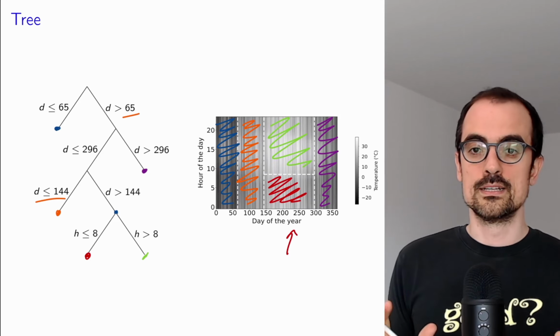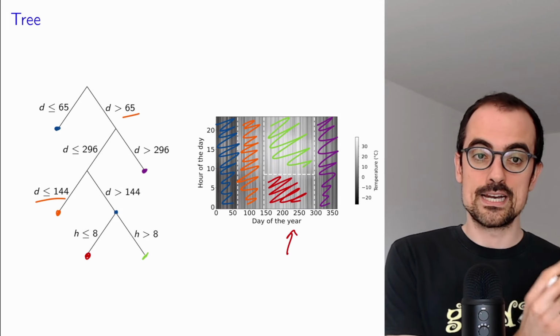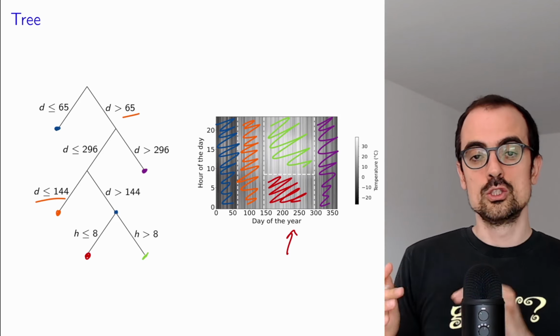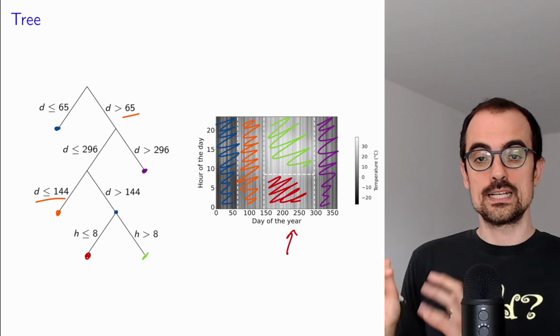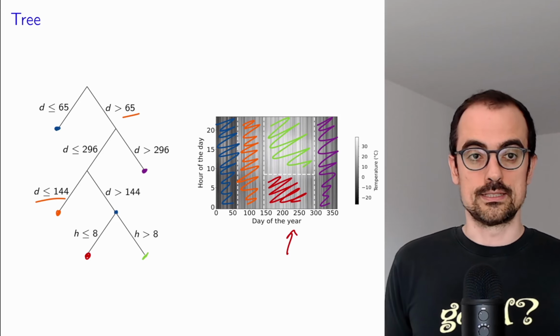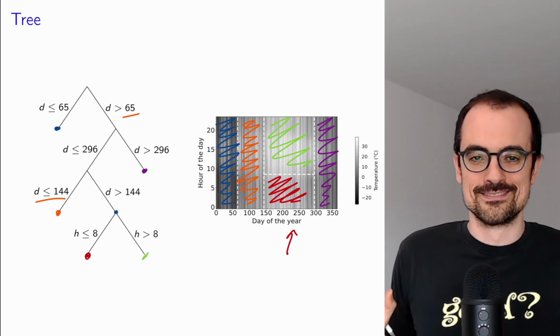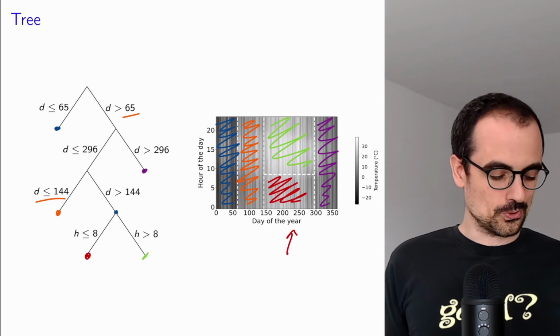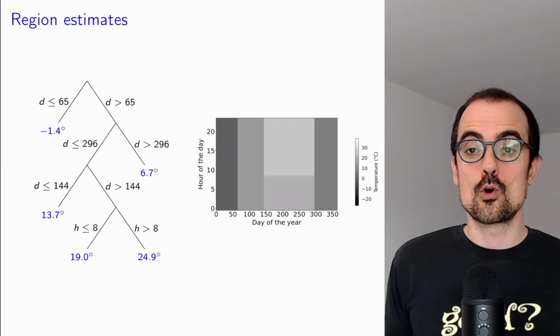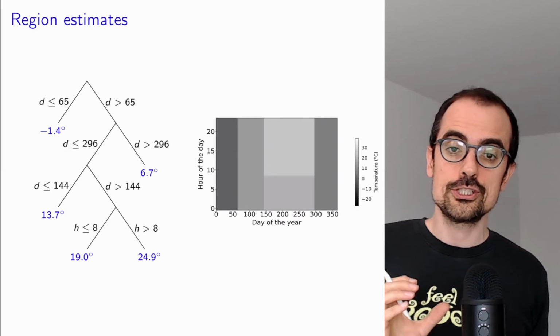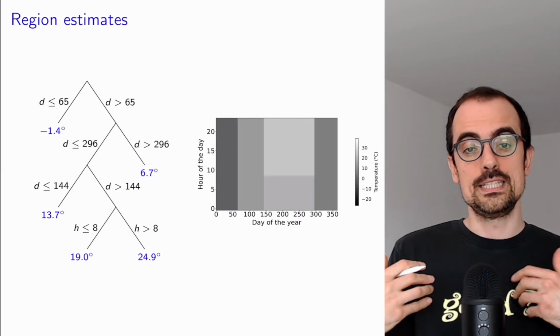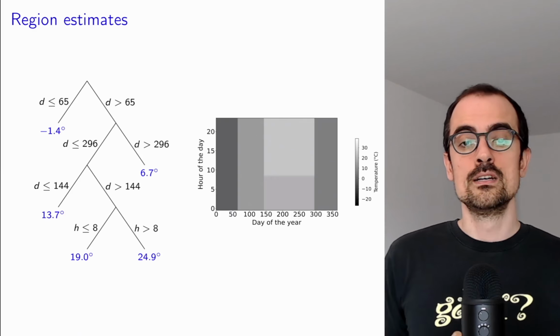So hopefully that makes sense how the binary tree is connected to this partition of sets where we produce constant estimates. And that's our regression tree. So hopefully this allows you to visualize it. And then of course we average in each of these regions in order to obtain the estimate produced by the regression tree.